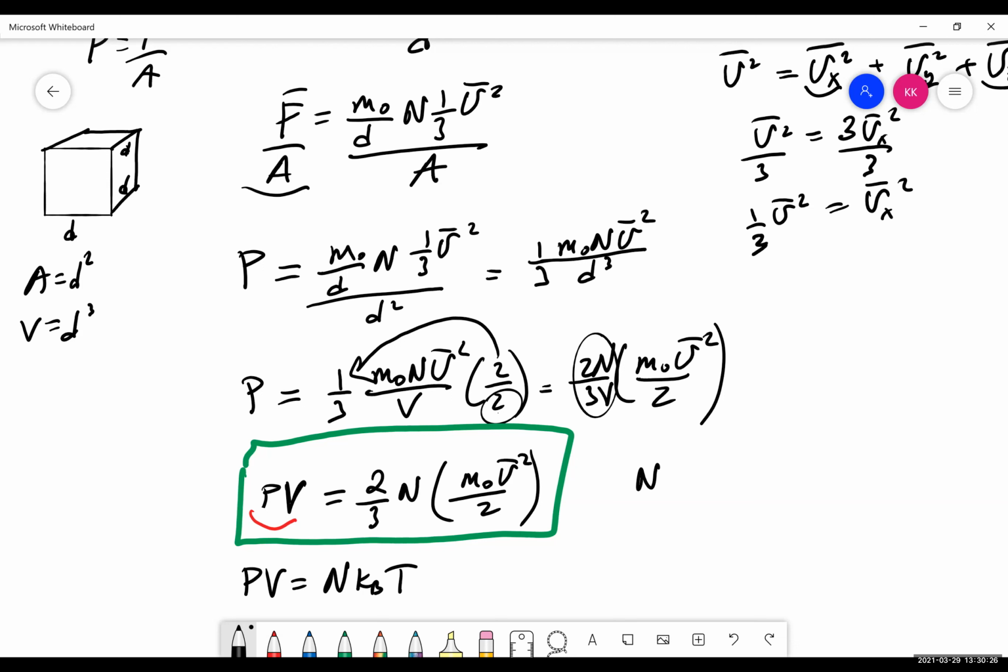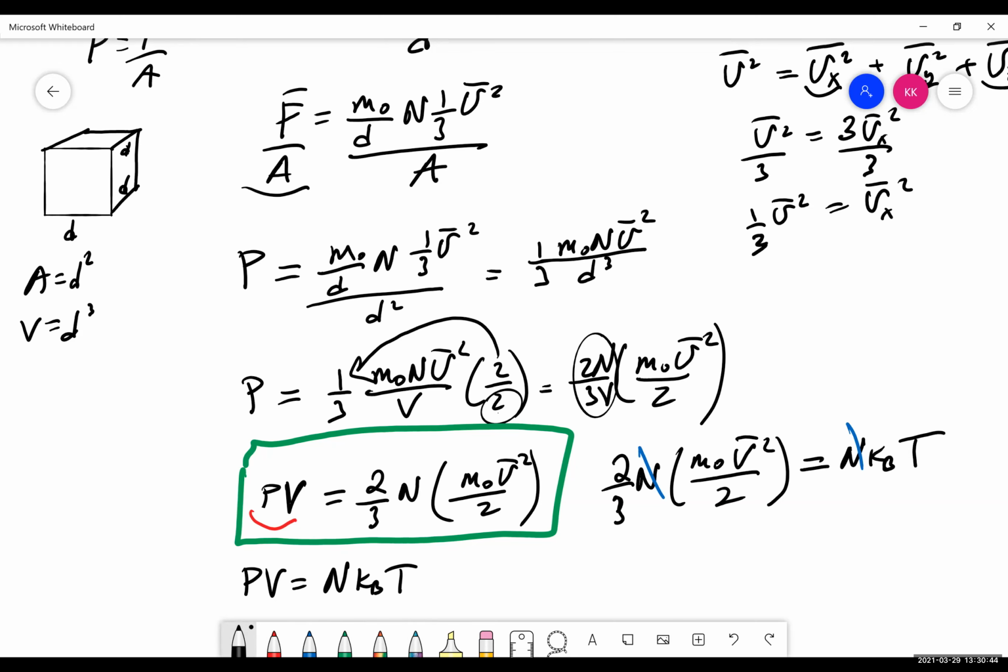That means 2/3 N m naught V average square over 2 is equal to N KB times T. From here, I can drop the N, number of molecules.